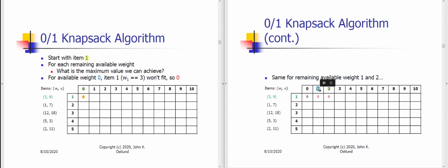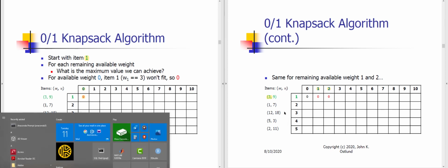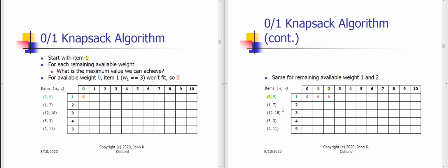If we only have 1 unit available weight remaining, well, something that weighs 3 units won't fit. So once again, that's going to give us a value of 0 as the maximum value that we can have for considering just item 1 if we only have 1 weight unit available. Similarly, if we only have 2 weight units available, we cannot put item 1 in, and so the value is 0.